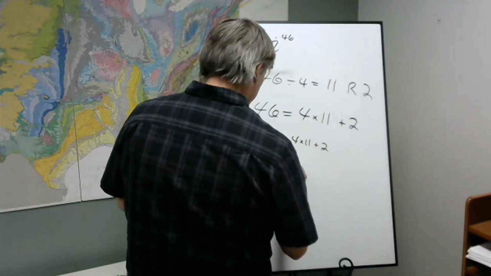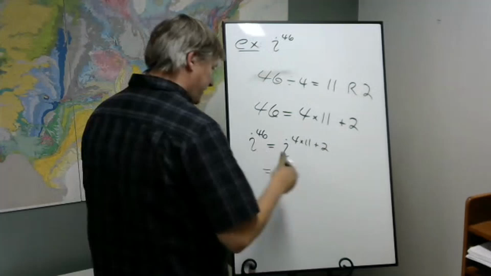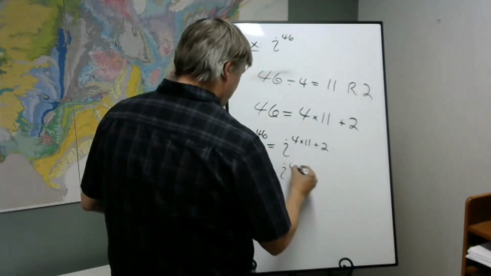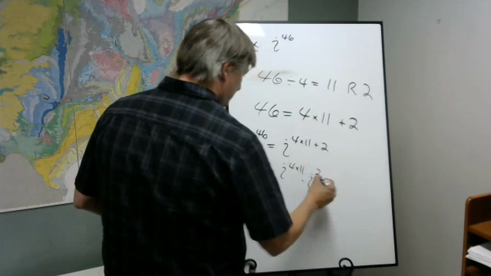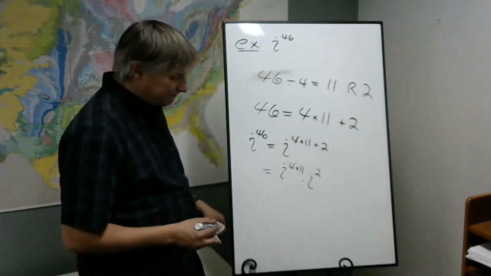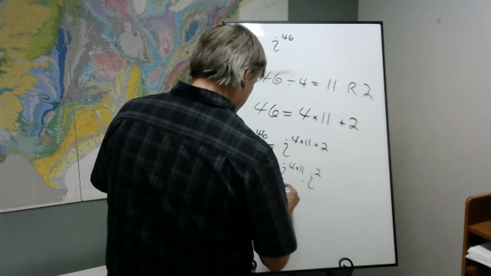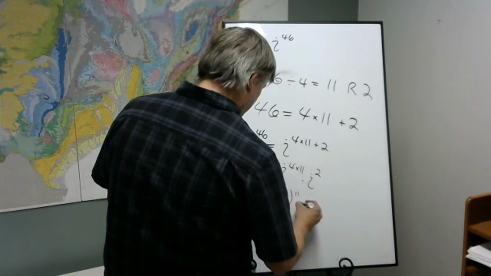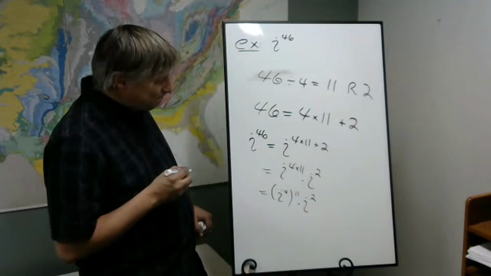I do the 4 times 11 times I to the 2. Or we could write this as I to the 4 to the 11th times I to the 2.